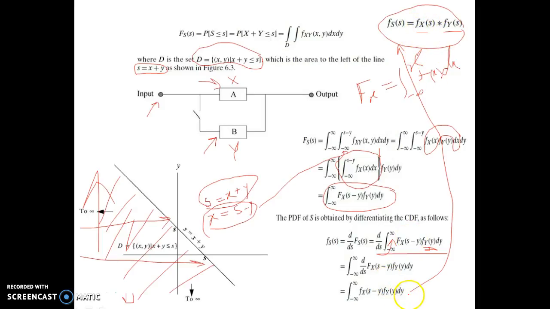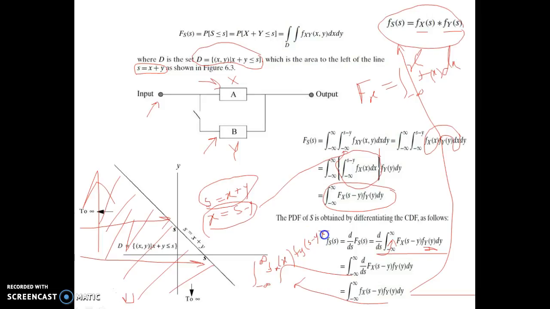This can also be written thus, from minus infinity to infinity, where we keep x as it is and instead shift y.